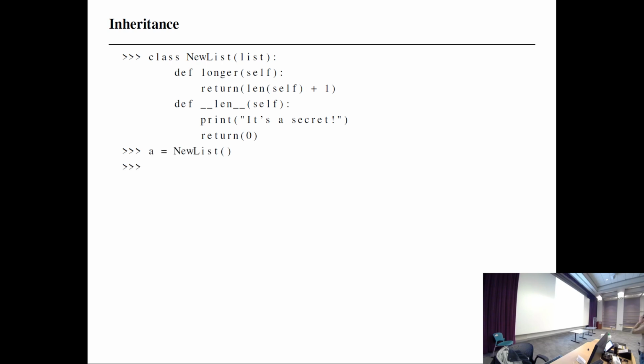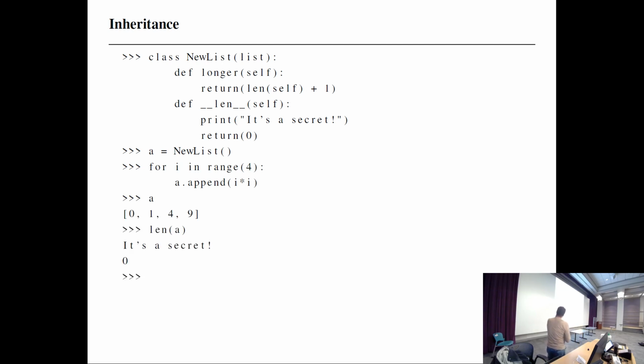So we're going to see what happens with this when I create a new list and I append the usual things to it. And now when I ask for the length of A, this function, which is just syntactic sugar, just invokes this method. Because A is of type newList, we won't get the method associated with list.